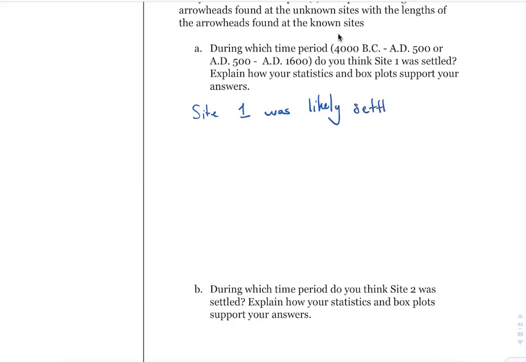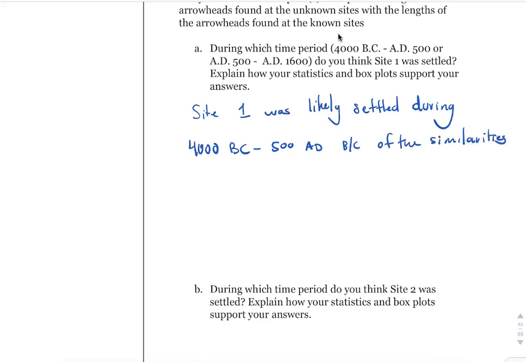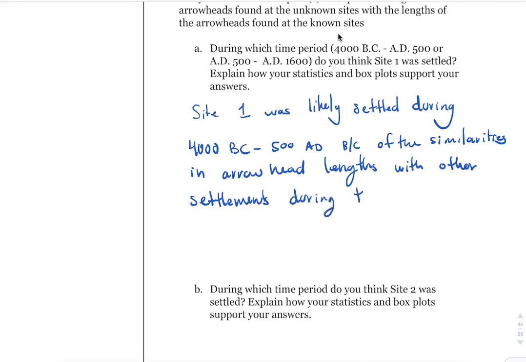Site 1 was likely settled during 4,000 BC to 500 AD because of the similarities in arrowhead lengths with other settlements during the same time frame.